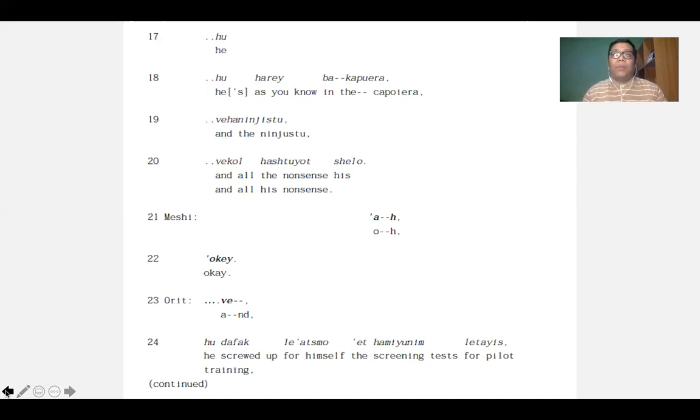Because sometimes we might not notice that there are some words which are actually functioning as lexical items in these expressions and not as discourse markers. And when we realize that these are already functional as discourse markers, that's when we will be able to tell that these discourse markers really have specific functions depending on the context of the situation of the interaction, the conversation, or the communicative event.